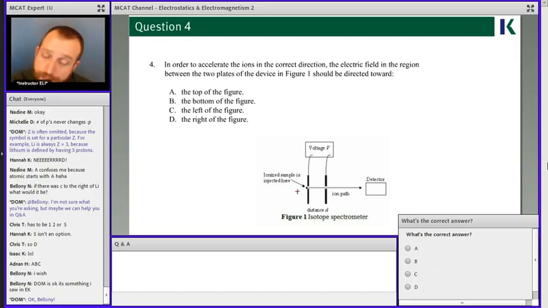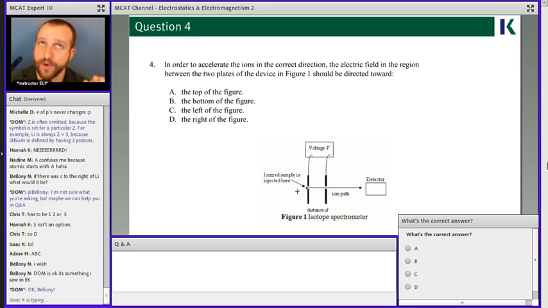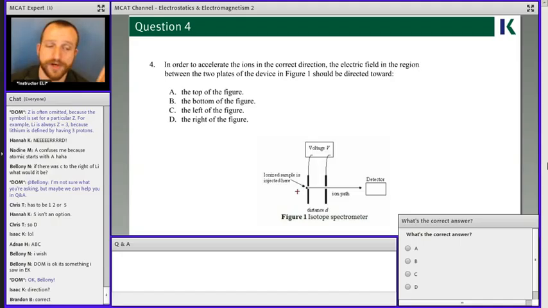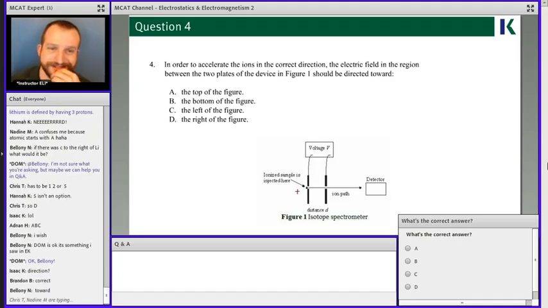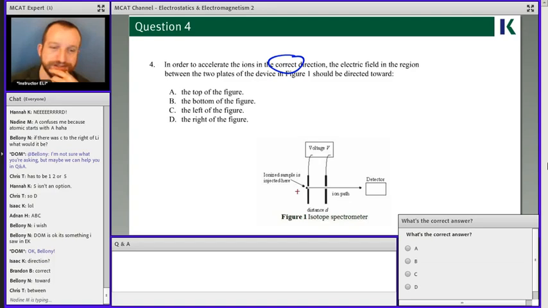It's going to be super helpful for us to figure out where the field points. Direction is good. We want to know the direction, for sure. In the correct direction.